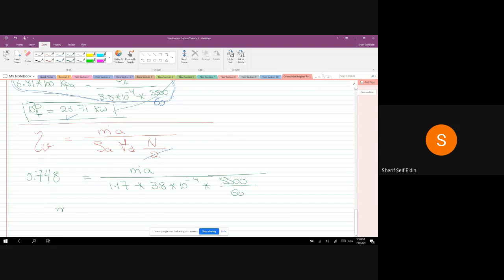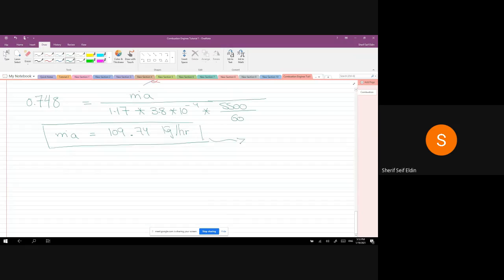Okay, so M dot air in this case is going to be 109.74 kilogram per hour. And this is given, requirement number 2.